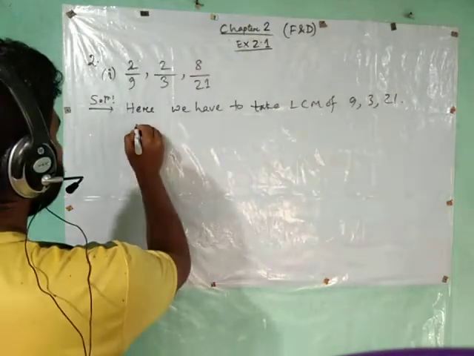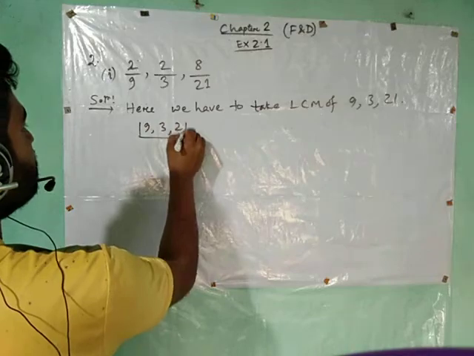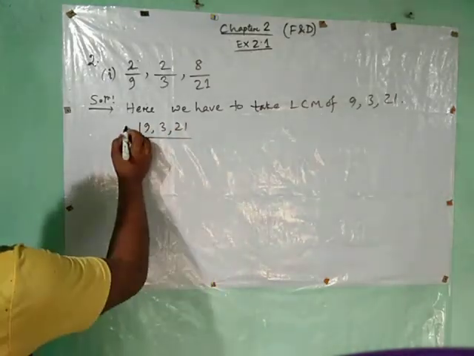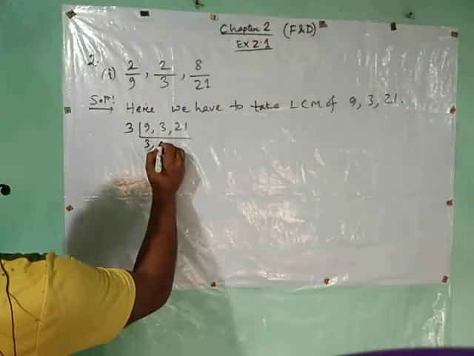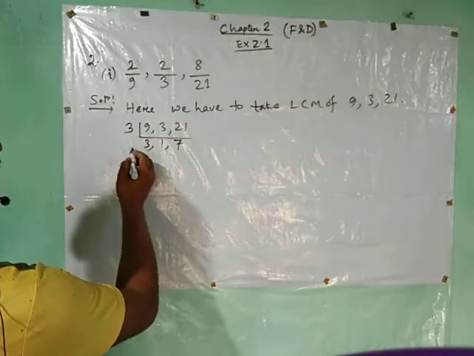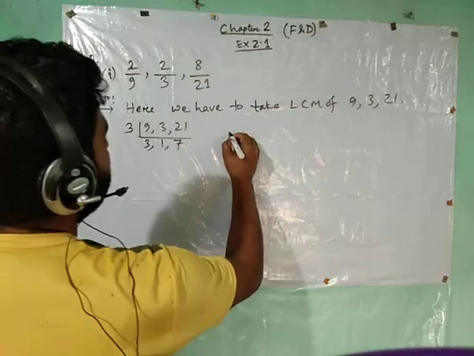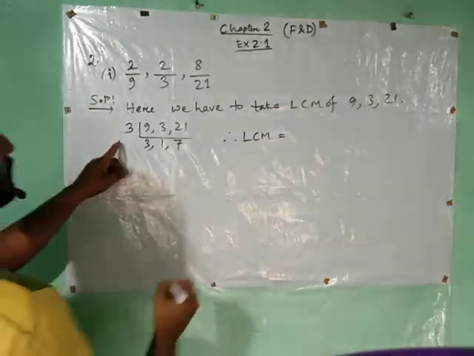How will we do this? This is the process. 9, 3, 21. 2 cannot divide this, so start with 3. 3 3s are 9, 3 1s are 3, 3 7s are 21. Now again 3, only 1 will go. Now therefore our LCM will be what? Therefore LCM equals to how much?